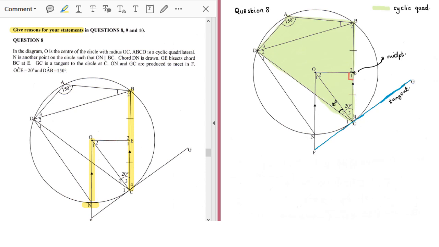Okay, so let's start here with angle C4. So angle C4 is connected to the chord BC. What is chord BC subtending? Well, if you go from chord BC and you travel to the circumference, you'll see that it's actually subtending angle D2. Okay, so which means that angle C4 is equal to angle D2 by the tan-chord theorem.